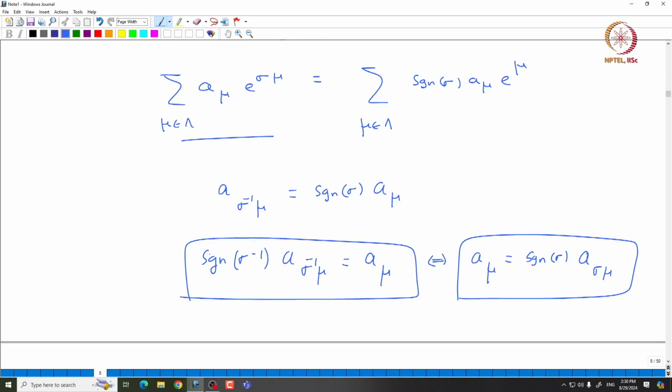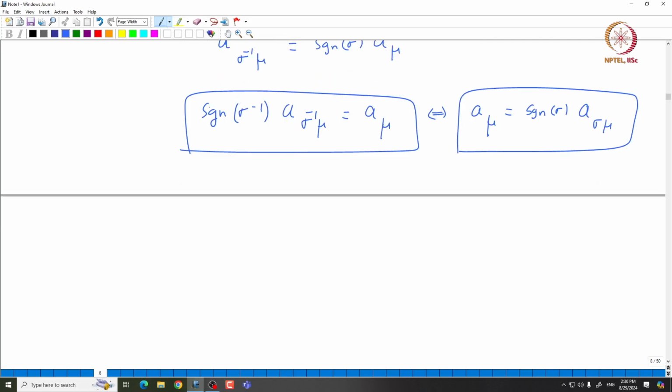Now, if you take the orbit, you can rewrite this. So, f you can rewrite as a summation where mu comes from lambda modulo the action of W, the coset representatives of the action of W on capital lambda.